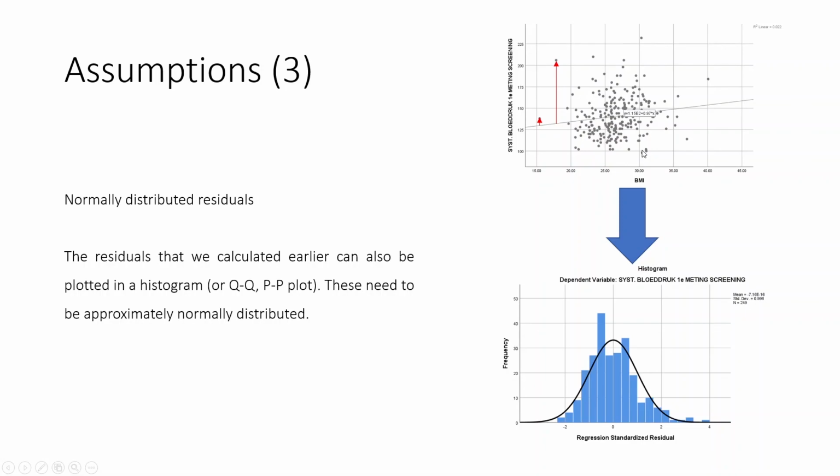Well, we can actually take all of those residuals for each observation and plot them in, for instance, a histogram or a PP or a QQ plot. And when you do that, that plot needs to be approximately normally distributed. It's another assumption that we're taking when we're doing linear regression.